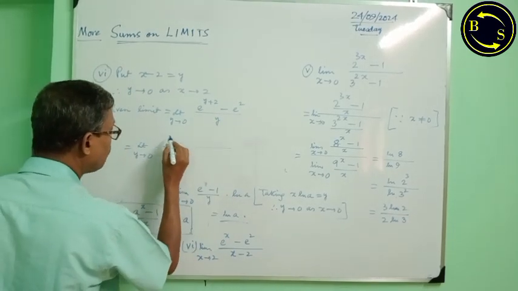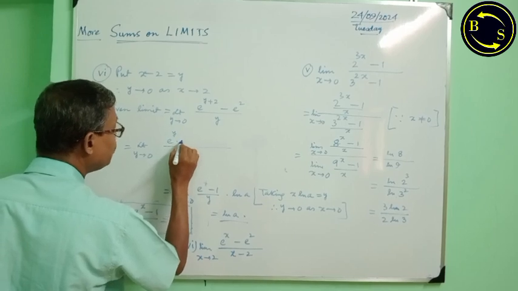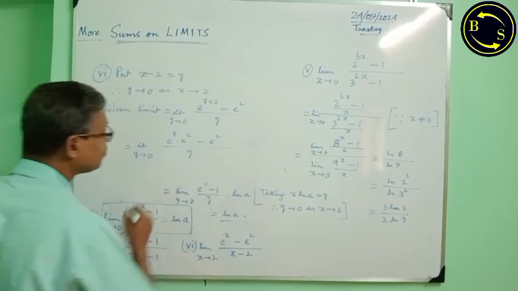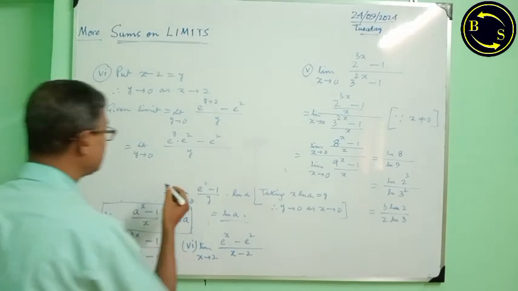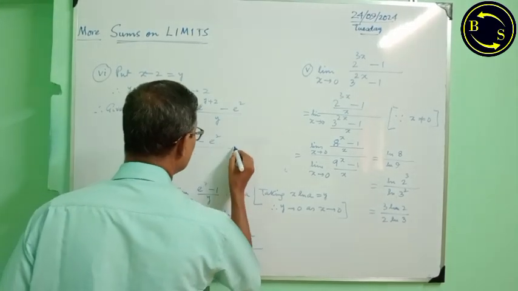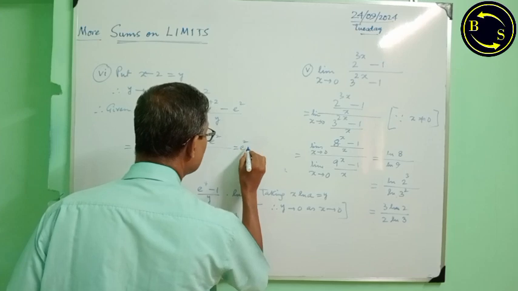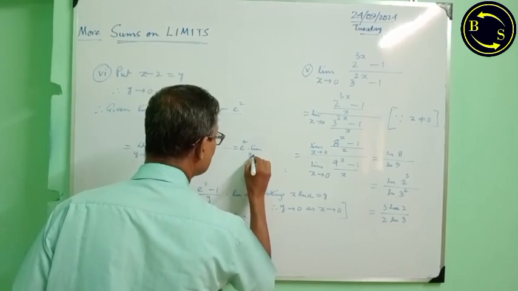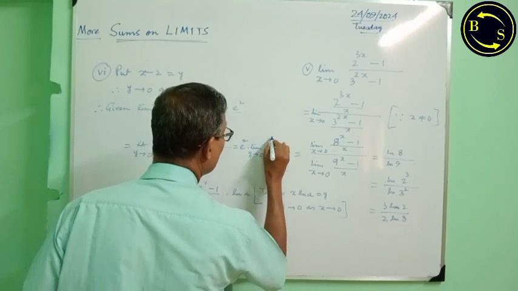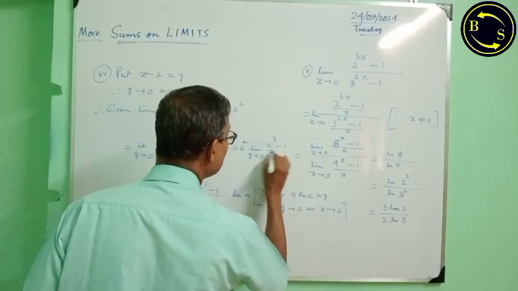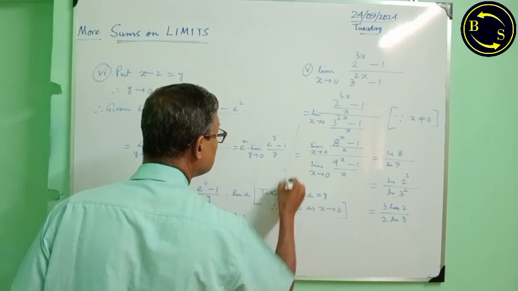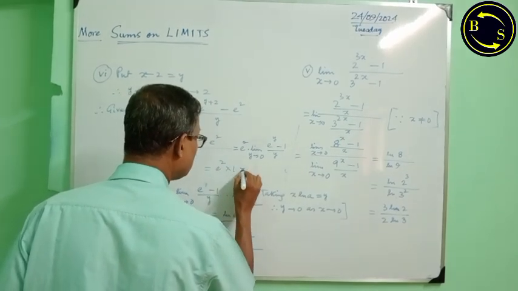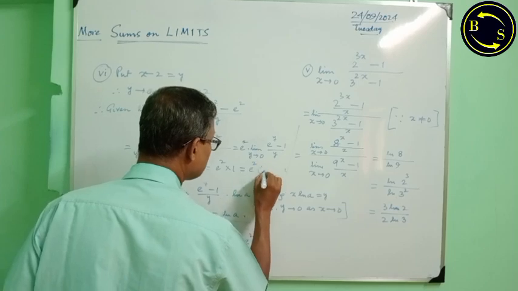This is e to the power y into e square minus e square by y. e square is the common factor that is taken outside, e square into limit y tends to 0 e to the power y minus 1 divided by y. Therefore, this is e square into 1. The result is e square.